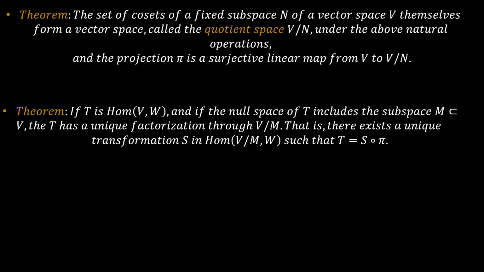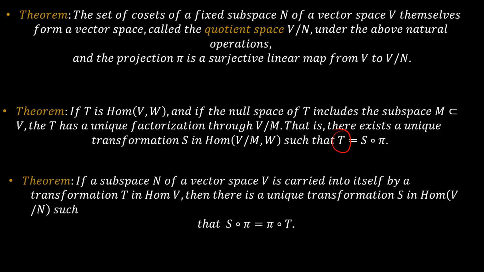That is, there exists a unique transformation S in the homomorphism from the quotient space created by all the translations from the subspace M in V into W. And we can extract that through this projection where S composed with pi is equal to T, right?